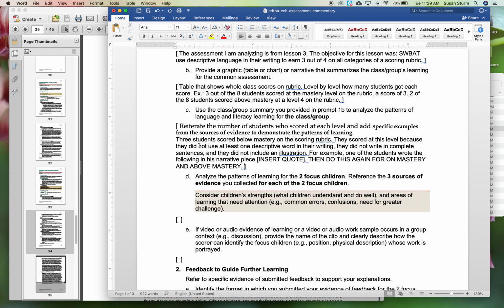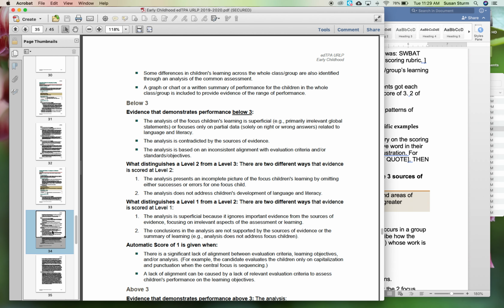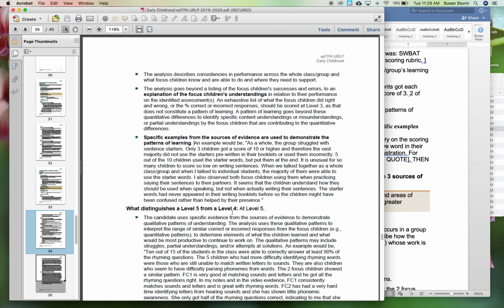So start this with, as a whole, the group struggled with, fill in the blank. Fill in something that everybody needed a little bit of help with. Gosh, why do I keep doing that? Sorry. Only 3, and then go into only 3 children got a score of 10 or higher, blah, blah, blah.